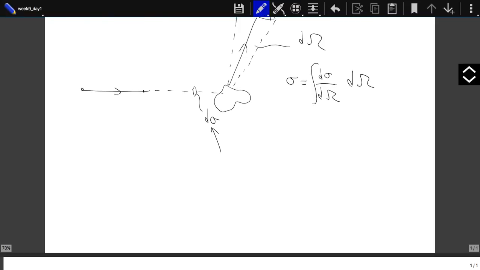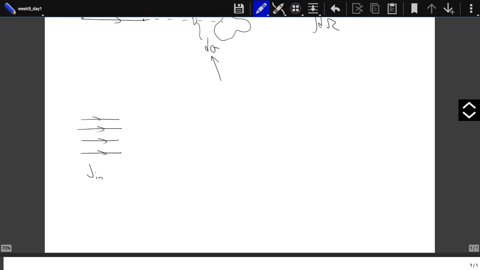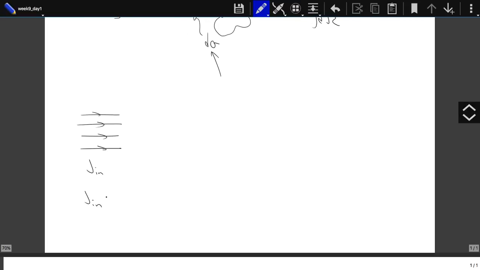Now, in practice, what we do is send a beam of particles. So there is an incident flux of particles. J_in is the incident flux of particles.